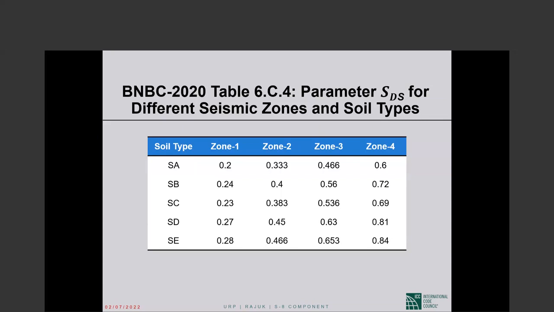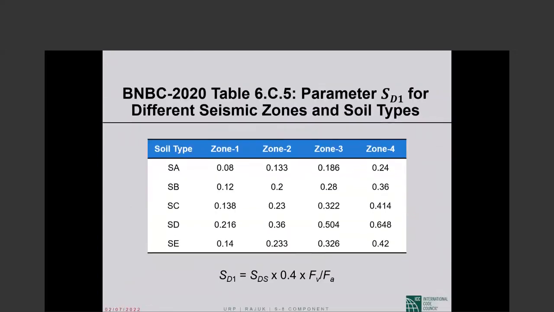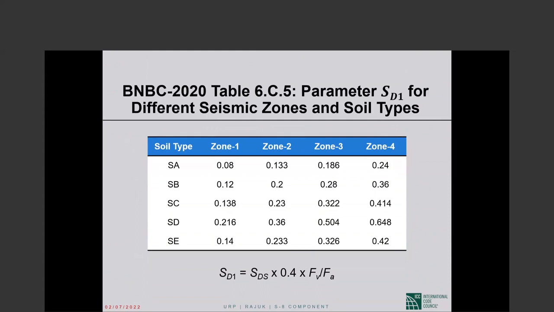So these are S sub DS values. Again, you see the values are given for the different soil types and the various seismic zones. That's all that you can possibly need. And this is S sub D1.